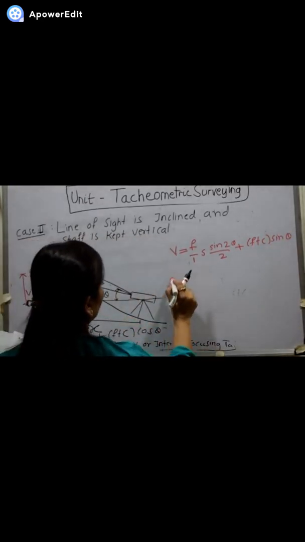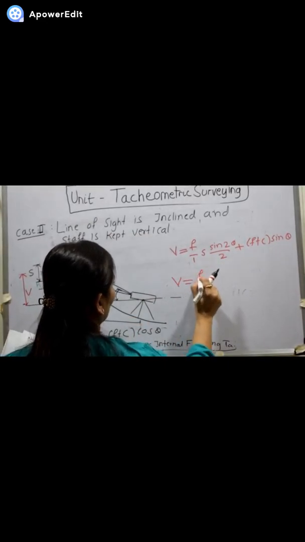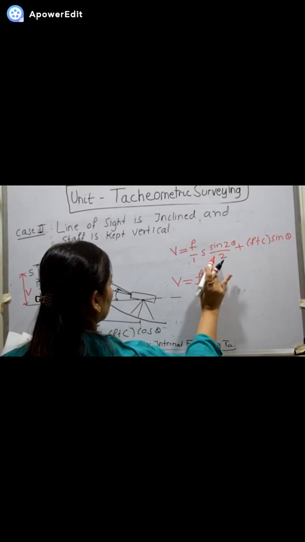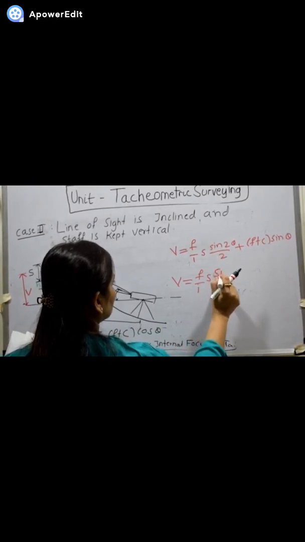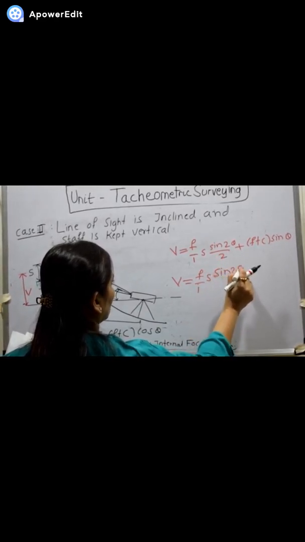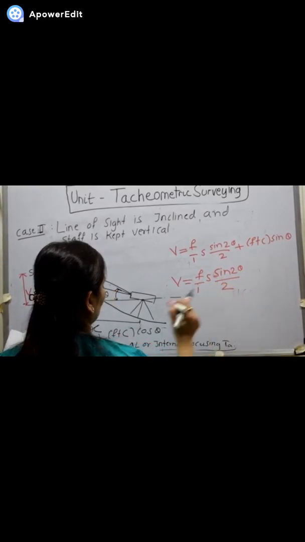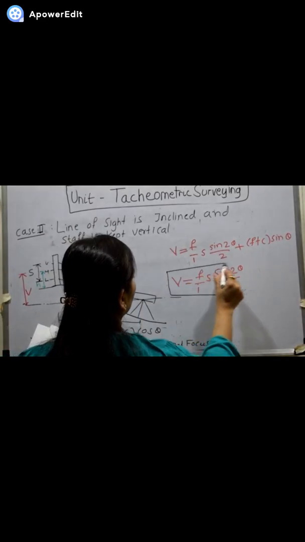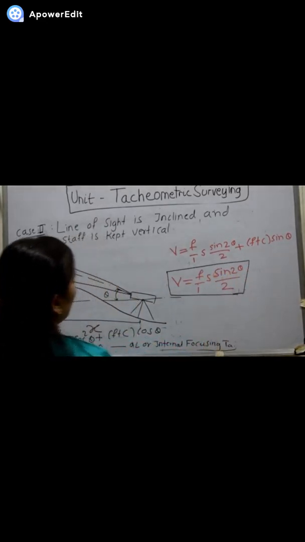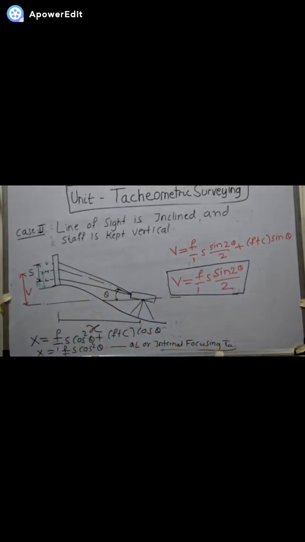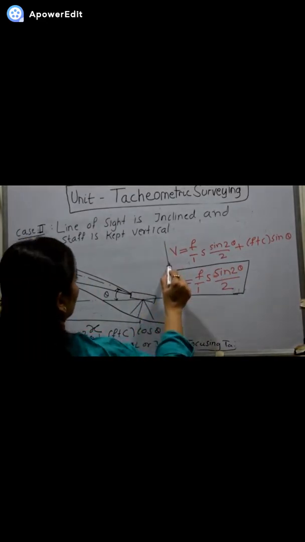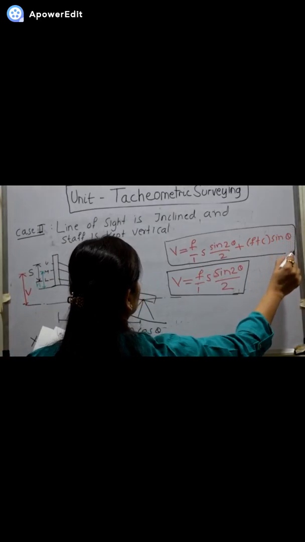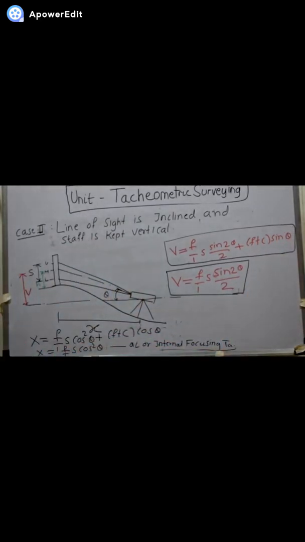The formula becomes different when it is analytical lens, because in case of an analytical lens, F plus C becomes 0. The additive constant becomes 0. So this formula is for internal focusing or external focusing with analytical lens, and this formula is for without analytical lens, that is external focusing tachometer.